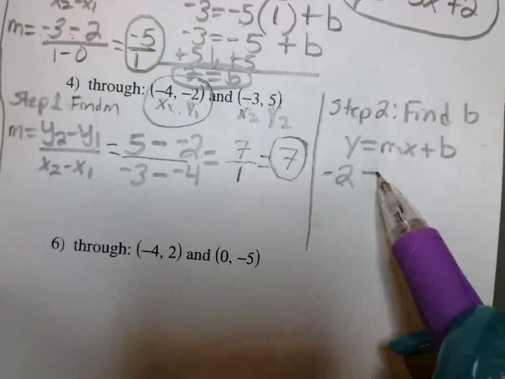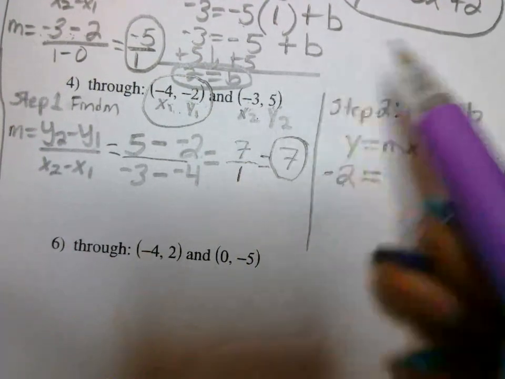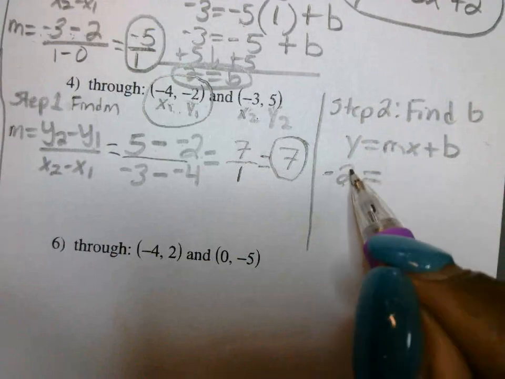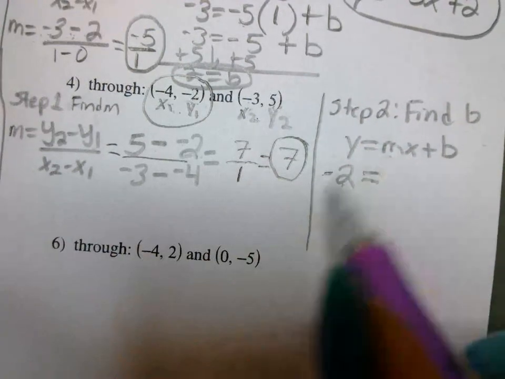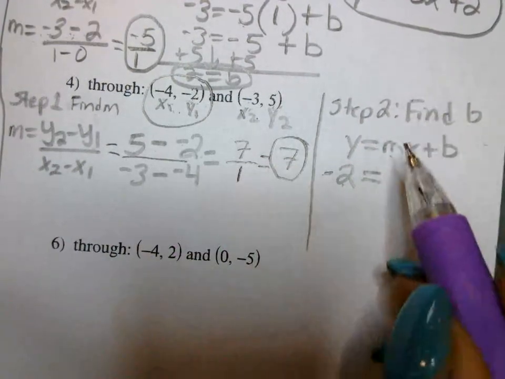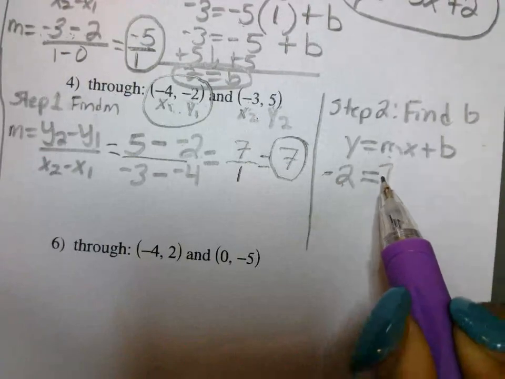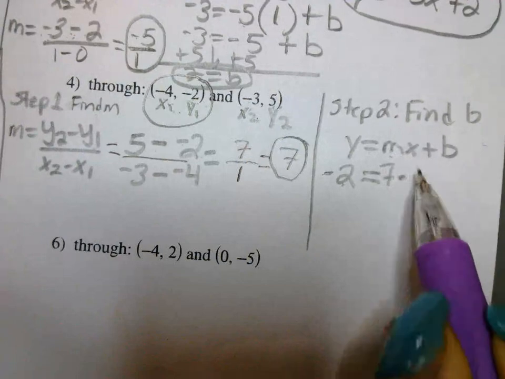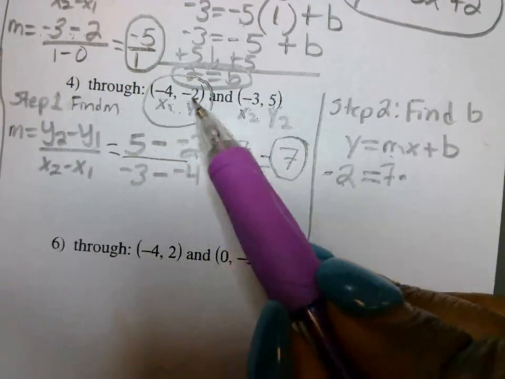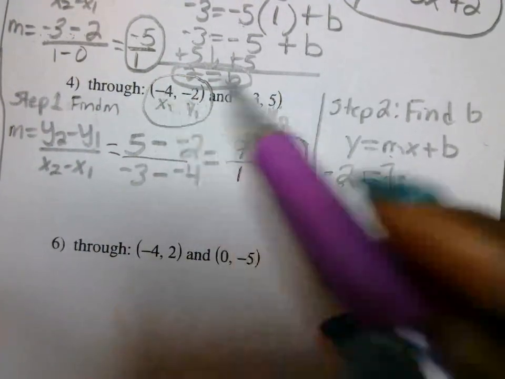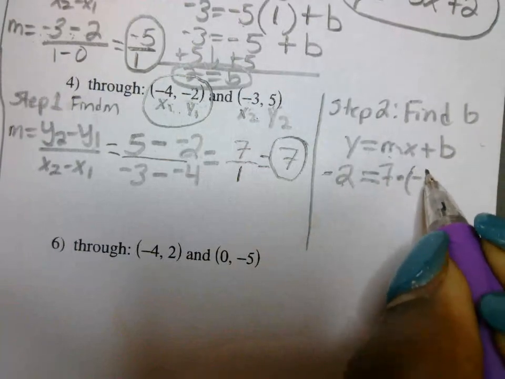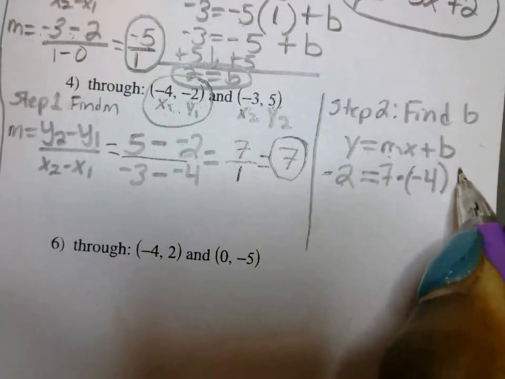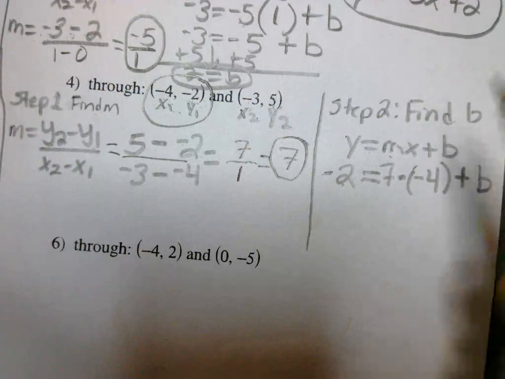Bring down the equal. What's going to be our m? We found m. What did we say m was? 7. Times, remember the operation between m and x is multiplication. Which one of these numbers is going to be x? -4. Bring down the plus b.